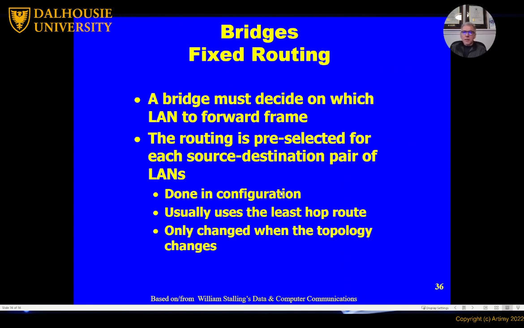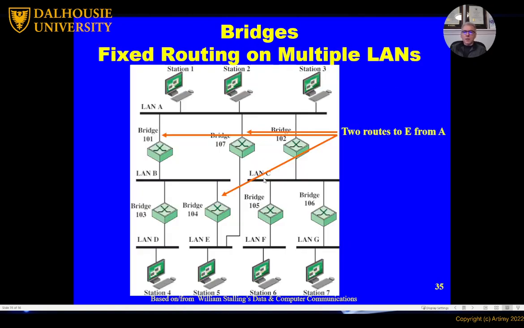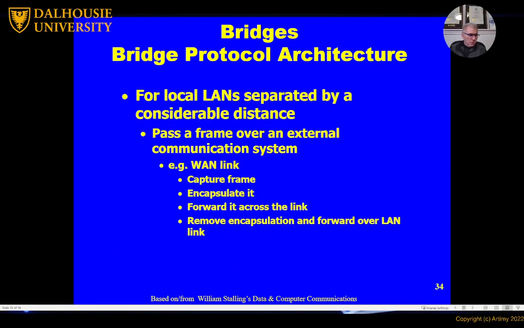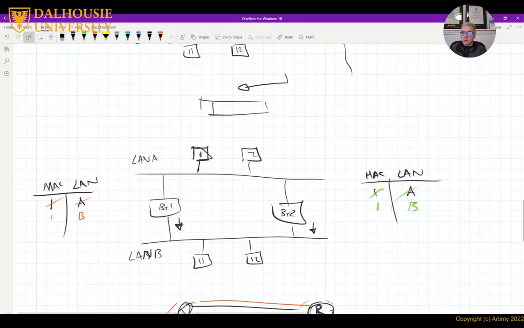This slide says that we can do fixed routing. So what we can do is tell the bridges to ignore this port or forward the packets. We make these MAC tables permanent.